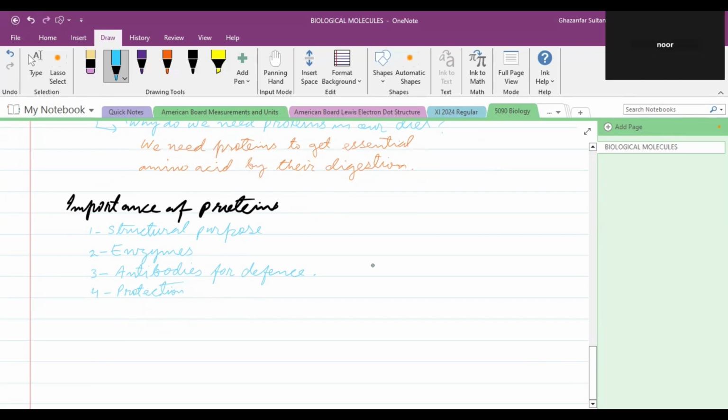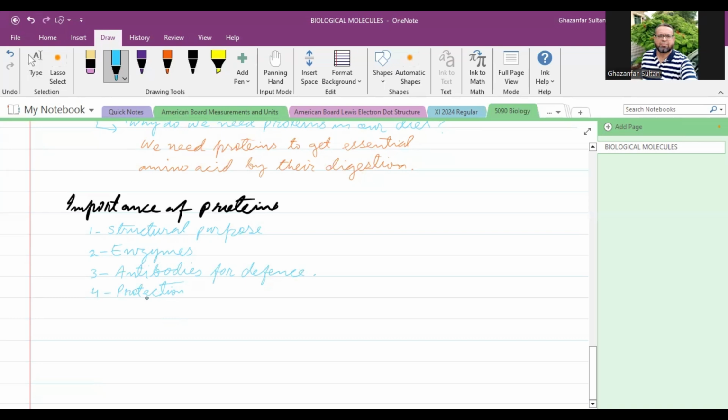And protection means, just like that, proteins protect us from cold and hot, and nails protect our fingers.